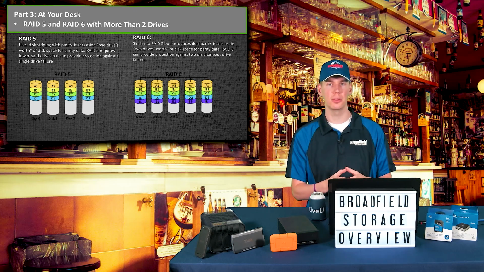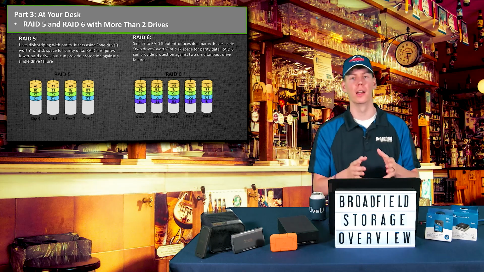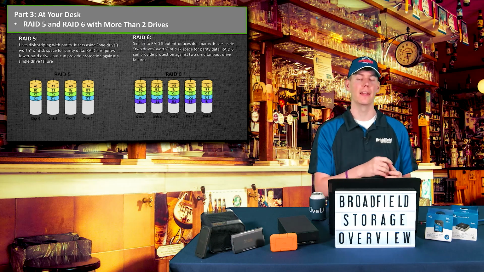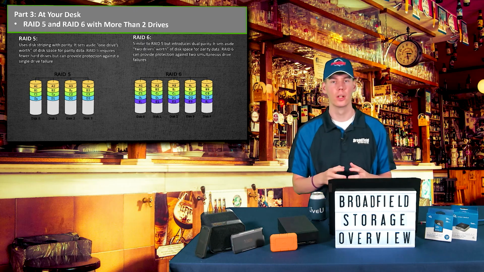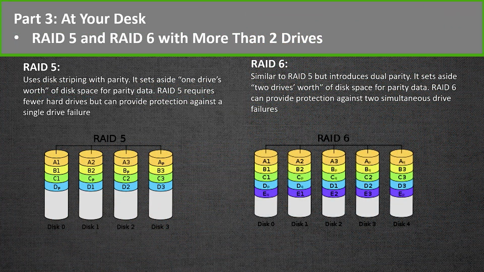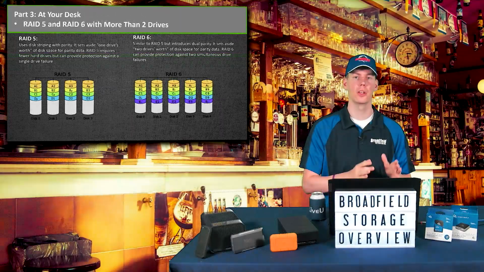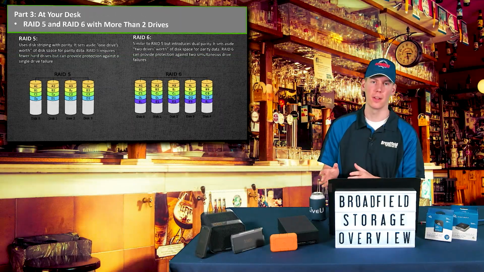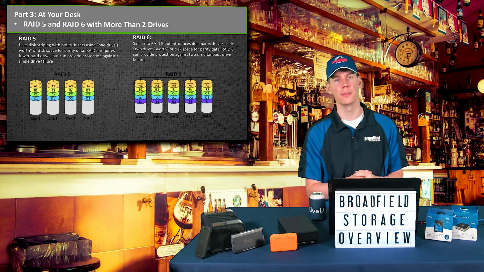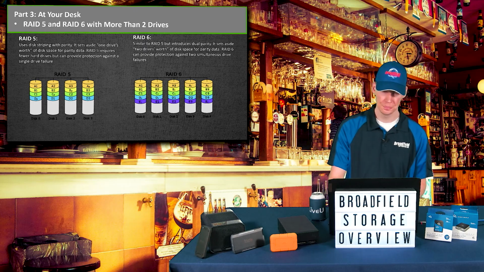RAID 6 is very similar, except you get 2 drives' worth of fail-safe or parity in the system, and that is when you have 5 or more bays in your RAID system. So these are kind of like a hybrid between RAID 0 and RAID 1. You get some redundancies put in place, but it's not a complete fail-safe. If all of the drives fail, you get 1 or 2 drives' worth of parity.